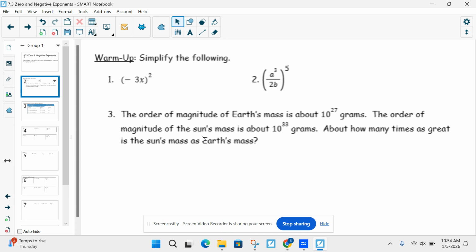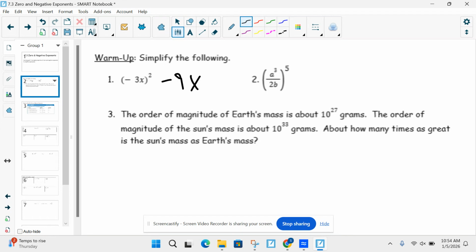Number 1, Max. Did you try it? No, just say what you put. So, a couple of things. Would anyone like to correct one thing? Brock?